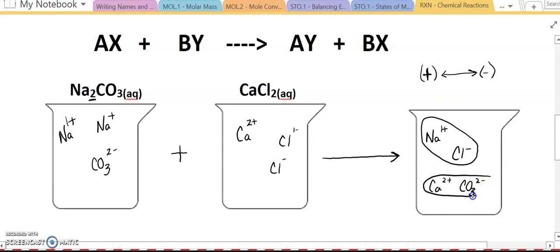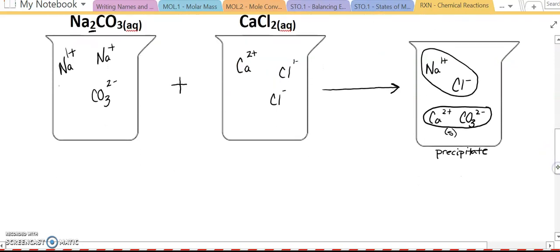And when calcium and carbonate form together, they're going to form a solid, what we know as a precipitate. And that precipitate gives us the name precipitation reaction in this chemical reaction. So when I'm taking a look at predicting my products then, I'm going to start with Na2CO3.